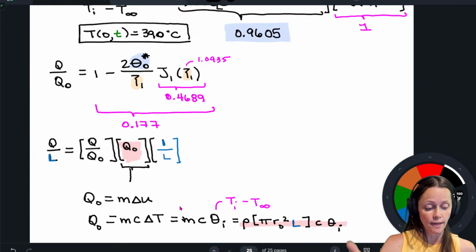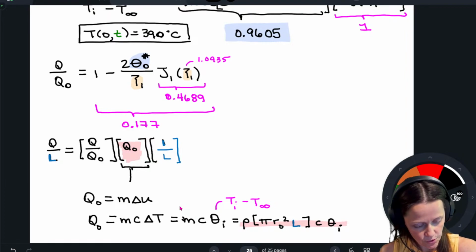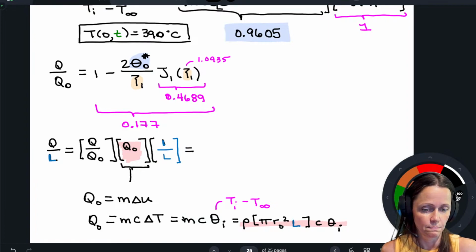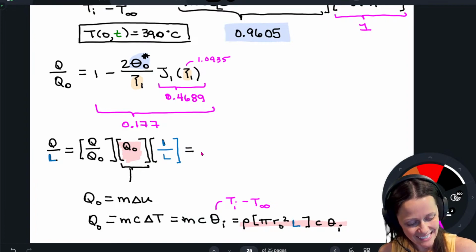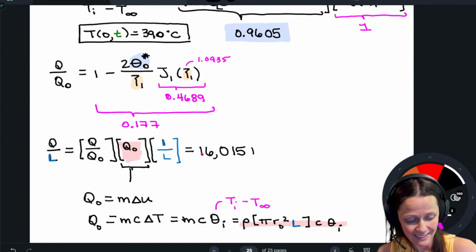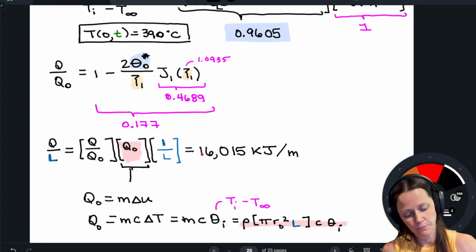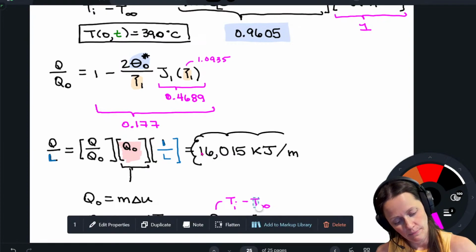I know R naught, I know rho that's given to me in the problem statement, and so what this is going to end up giving me is 15, and it's actually kilojoules. It's a big number, kilojoules, and it's going to be per unit length, so per meter. And that's it.